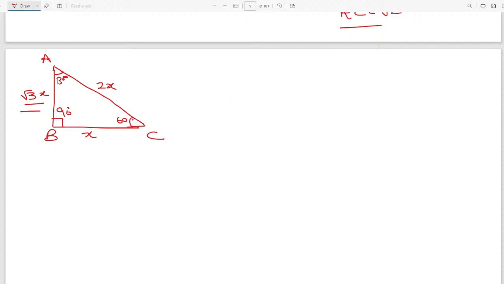I'll start from the lowest angle, 30 degrees. So BC is to the 60 degree opposite side AB, and hypotenuse is AC. This is equal to 1 is to root 3 is to 2.